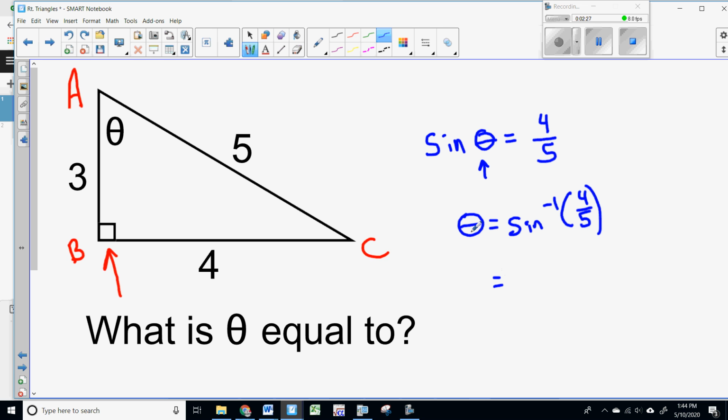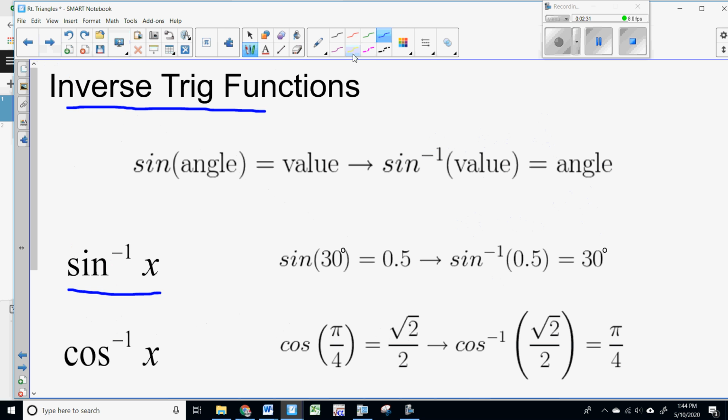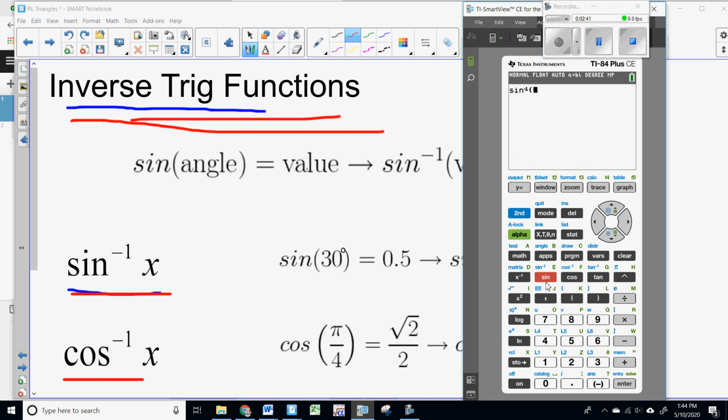So now this is how I find an angle. Anytime you want to find an angle, you always have to use an inverse trig function, whether it be inverse sine, inverse cosine, inverse tangent. Let me show you on our calculator here. If I take the sine of 30 degrees in my calculator, I get 0.5.